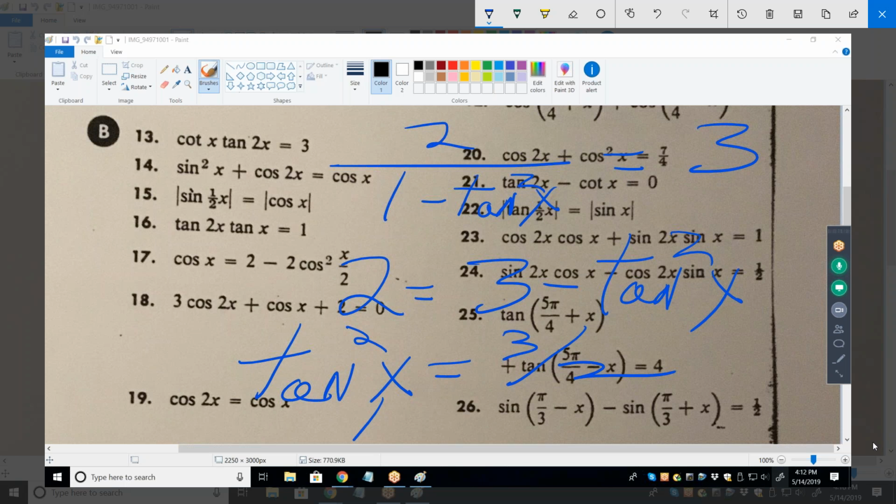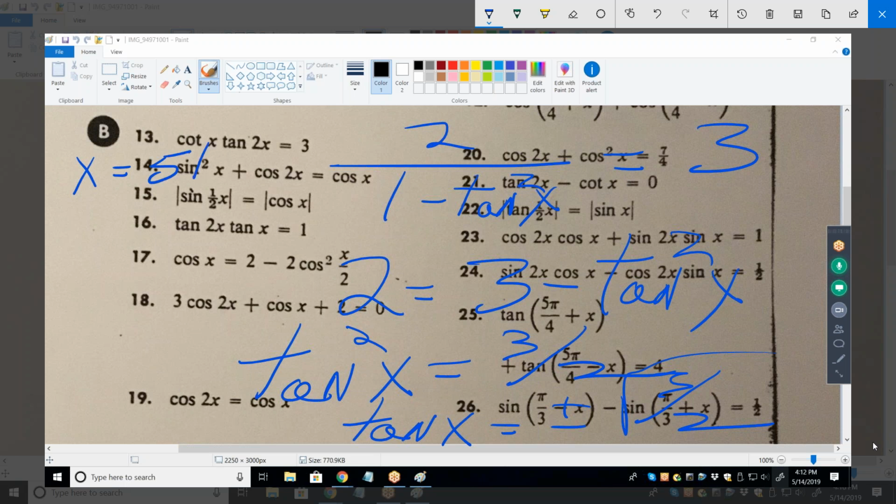And now I get root 3 over root 2. So I can plug that in, knowing that it's going to be all 4 quadrants whenever you see that plus or minus sign. So around 51 degrees.